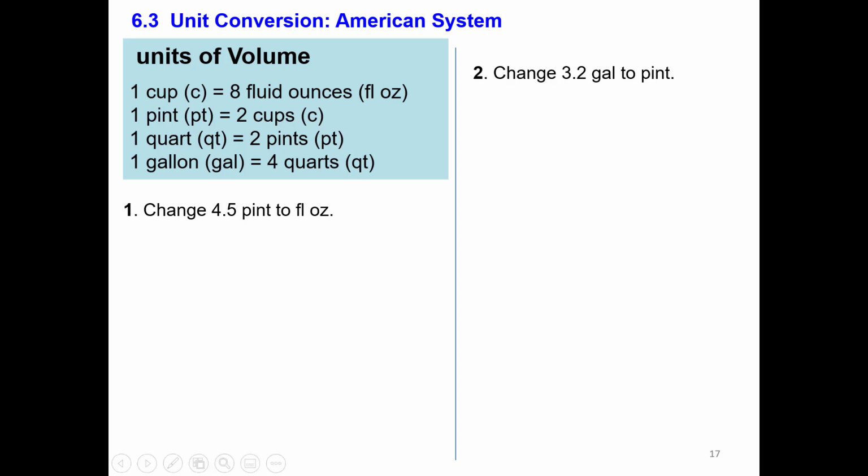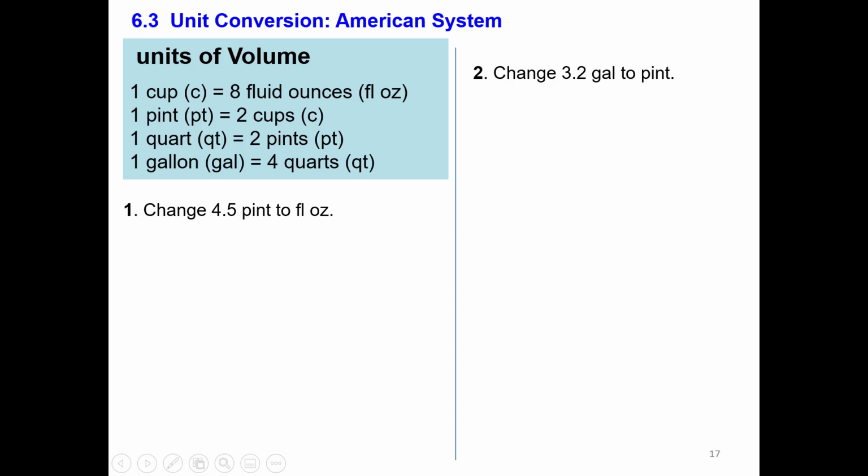We had some direct conversion factors. We need pints into fluid ounces. We don't have a direct conversion factor, but what we can do is convert this pint into cups, and then convert the cups into fluid ounces.